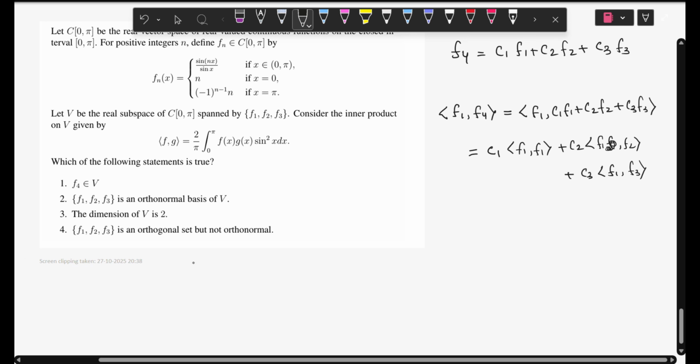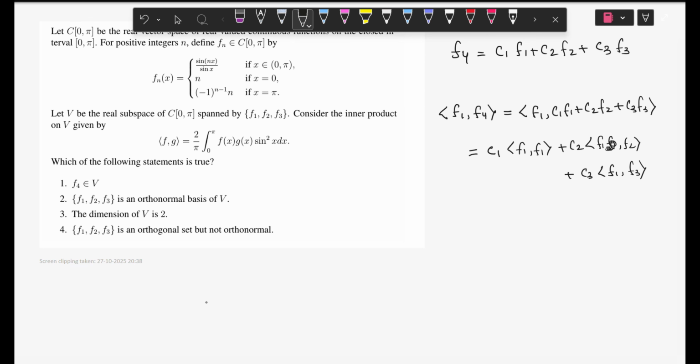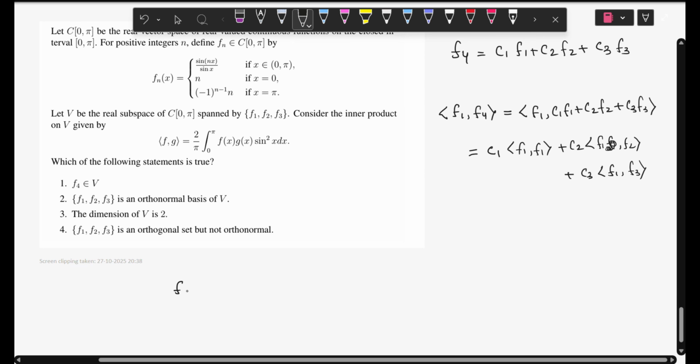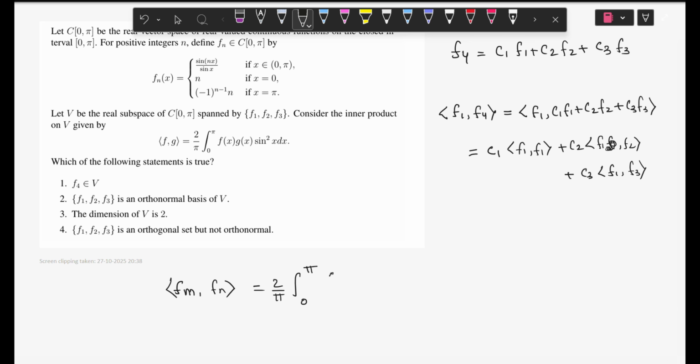So let's calculate the inner product between fm and fn. This is equal to the integration from 0 to pi of 2 by pi fm(x) fn(x) dx.